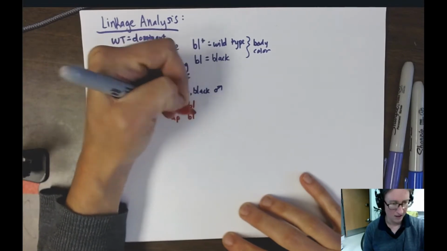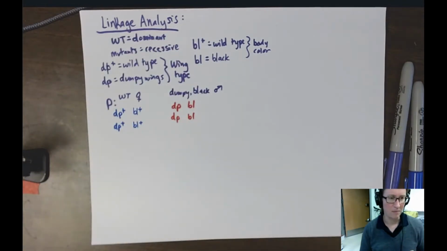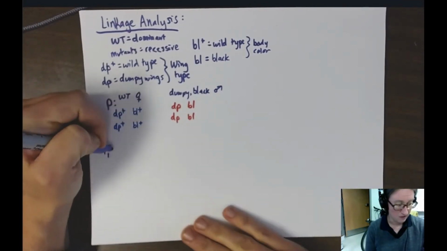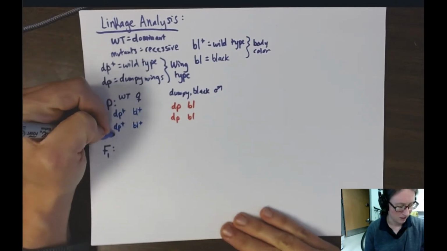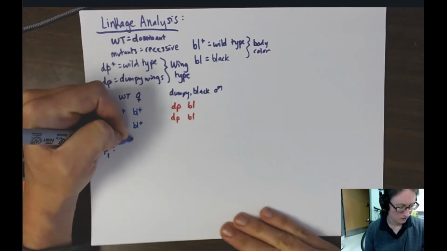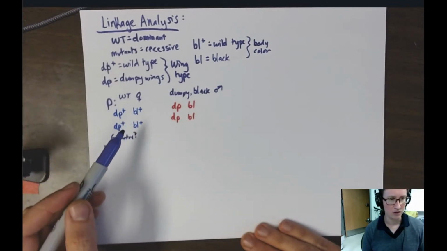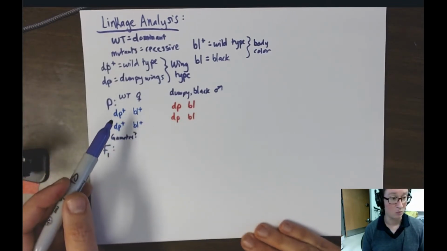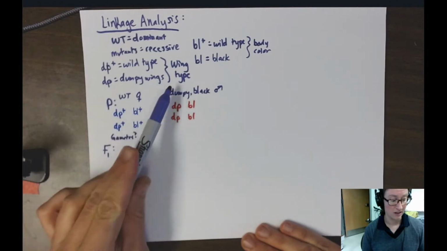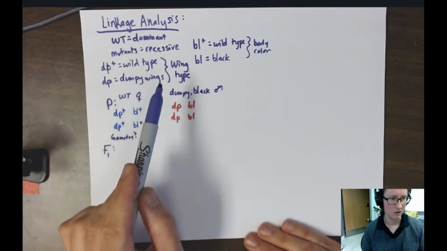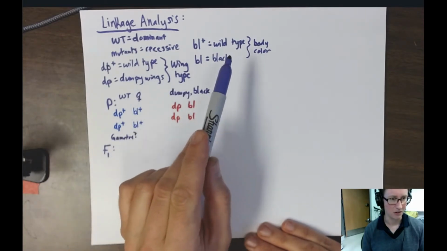So if we're going to go from this generation to our F1 generation, the next generation, the first thing we always need to do is think about gametes. And notice, every gamete for this wild type female needs to contain one allele for wing type and one allele for body color, right? So it doesn't make sense to only have a wing type allele or only a body color allele.